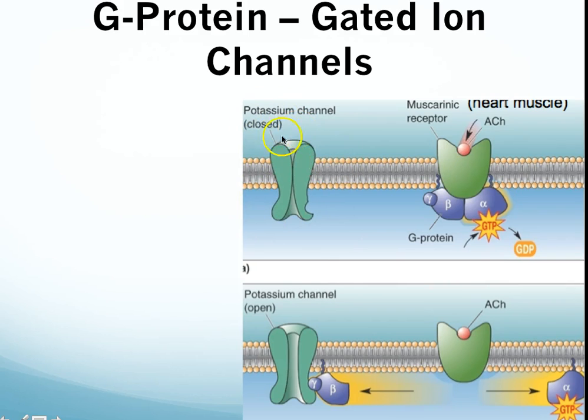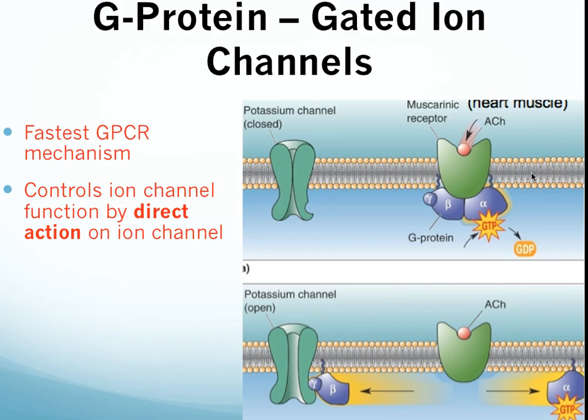This happens to be a potassium channel, but it could be anything, right? There's all kinds of channels and receptors all throughout the membrane of a cell. So here, this fast mechanism is direct action, and it's pretty simple because what happens is once the neurotransmitter binds to it, in this case we're talking about acetylcholine.